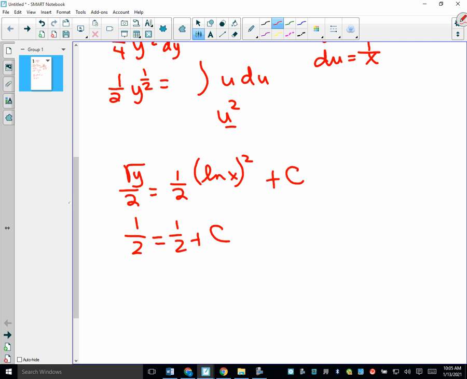Oh, I like this way much better. That was my fault there. 1/2 equals 1/2. c equals 0.